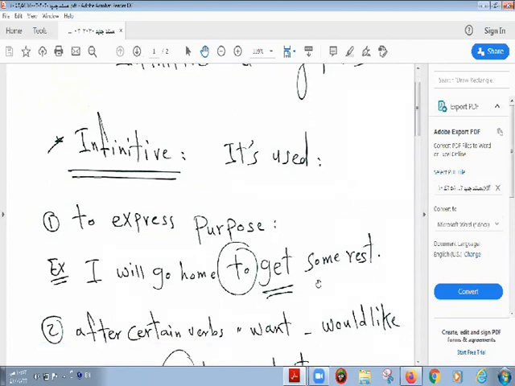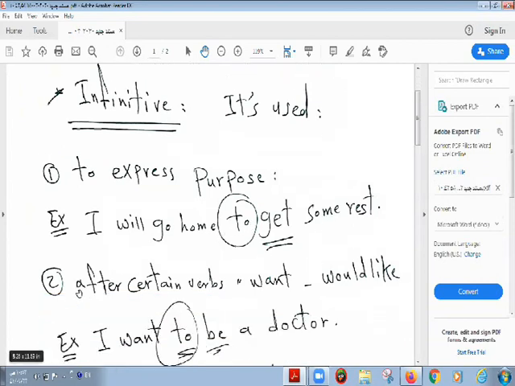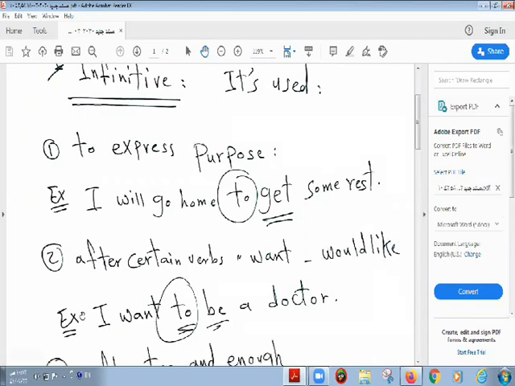Number two, we use the infinitive after certain verbs like want, like would like. For example, I want to be a doctor. Want to plus the infinitive form.